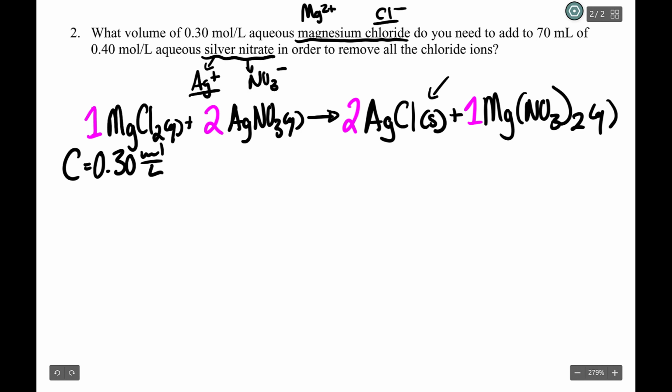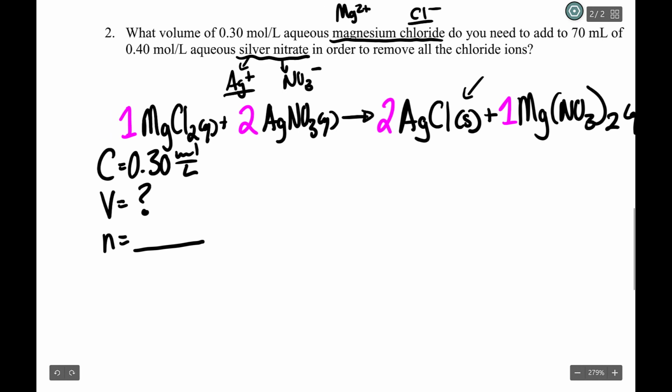And the question is, what volume of it do I need? Okay. Now, in order to do this, I would have to have the moles. So I'm going to have to figure out how I'm going to get the moles of magnesium chloride. On the other end here, I have a concentration of silver nitrate of 0.40 moles per liter, and I have a volume of it of 70 milliliters.